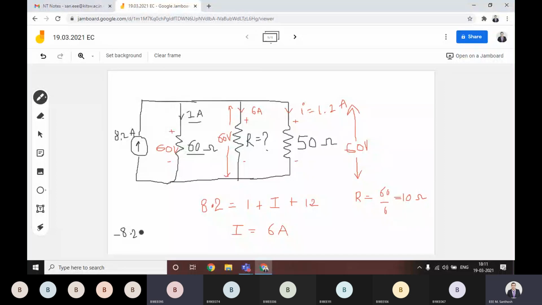Okay, minus 8.2 plus V by 60, V by R, and V by 50. How much are you getting V?